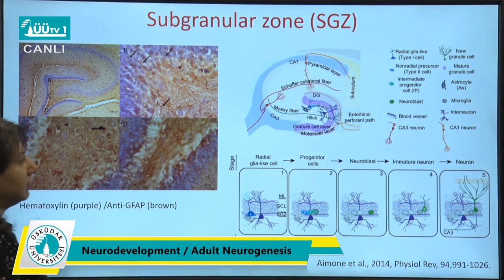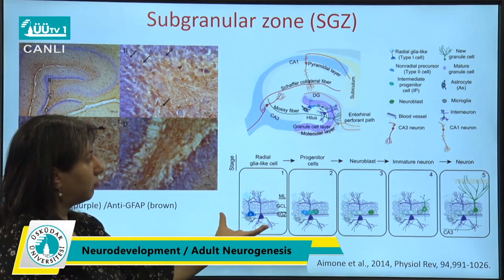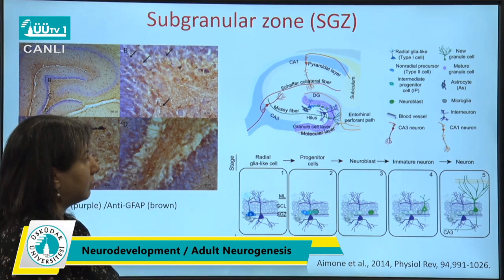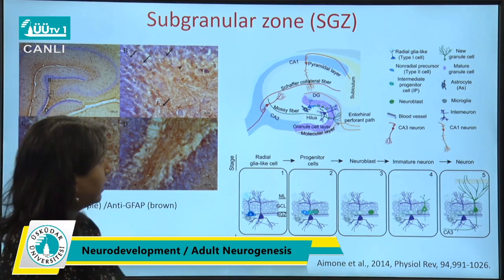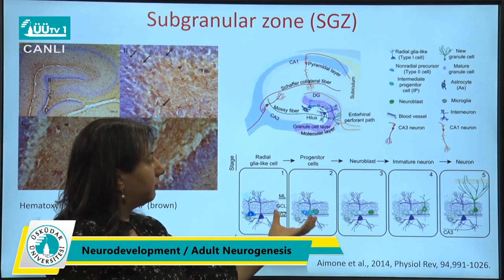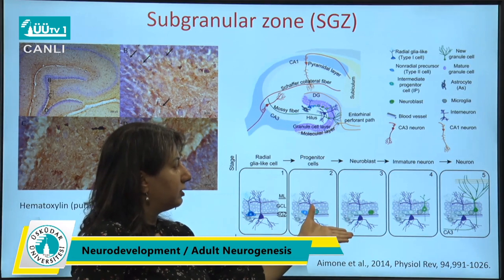Again we see that radial glial-like cells are the main proliferating and differentiating cell population here. They are also called type 1 cells. Then we have the transiently amplifying cells, which are called type 2 cells. Then we have neuroblasts, which are called type 3 cells.